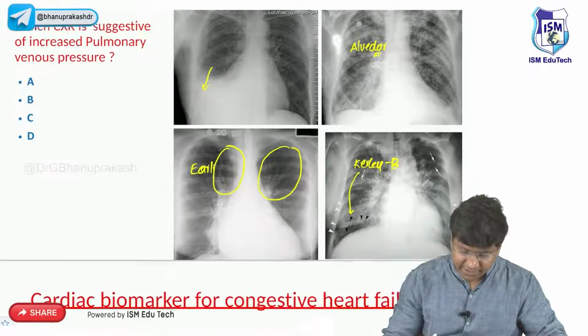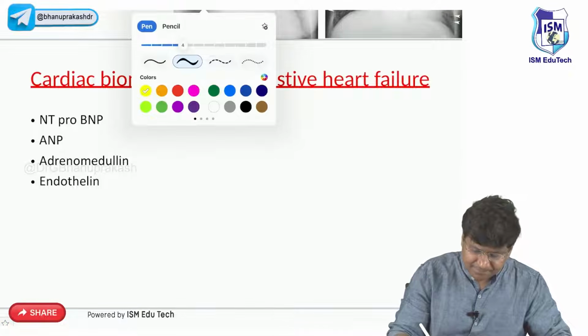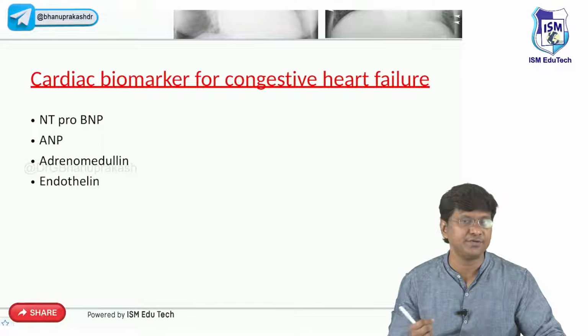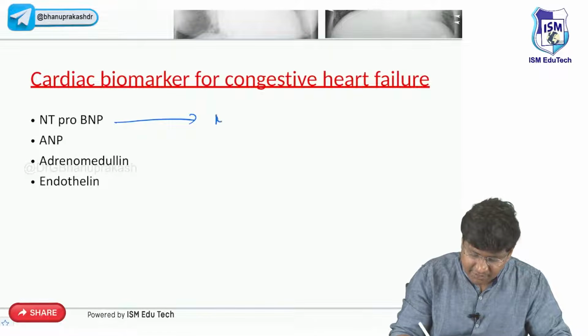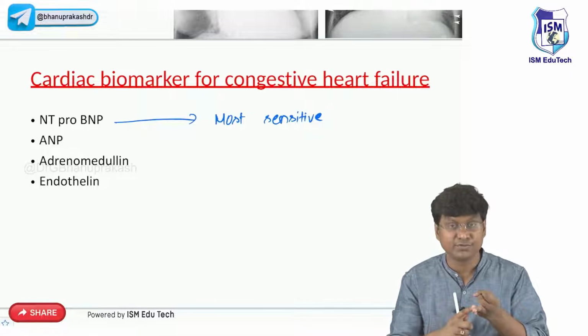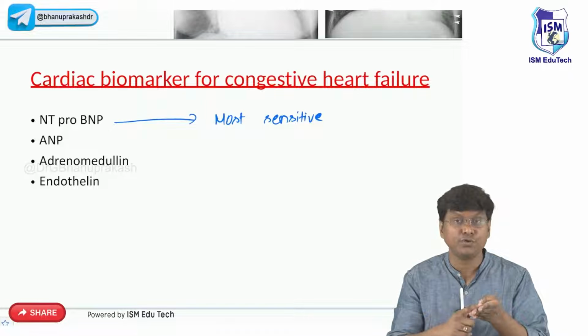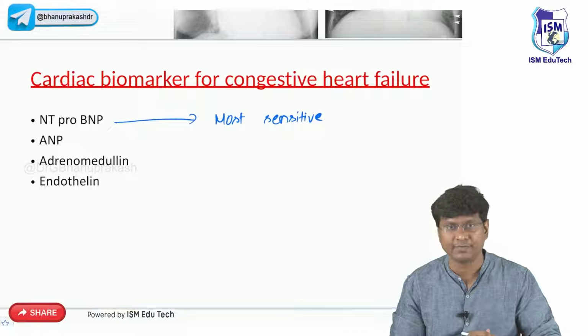And next important are the cardiac biomarkers. Now, we have 4 cardiac biomarkers which will be elevated in patients with congestive heart failure, but the one which is most sensitive, diagnostic, therapeutic, and prognostic is your NT-proBNP, right?